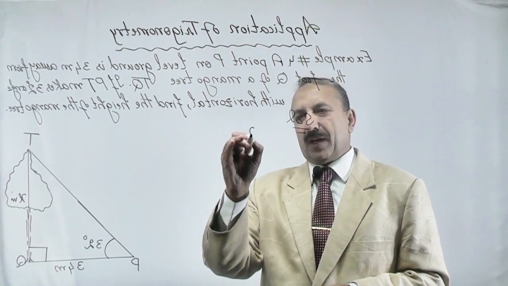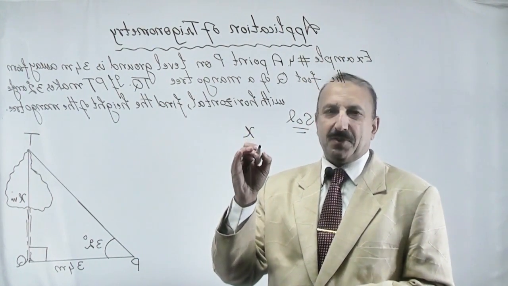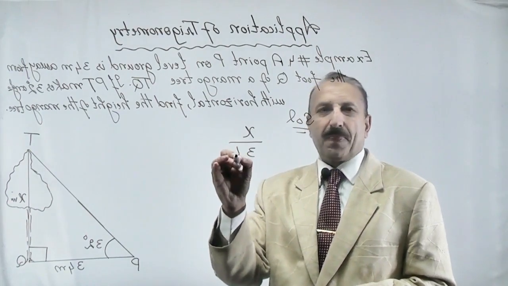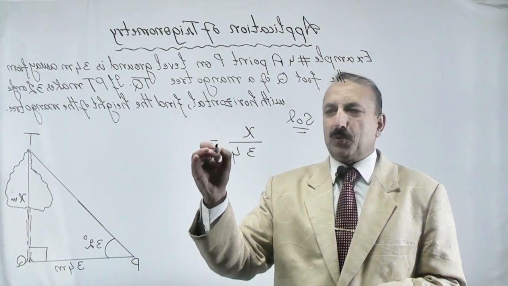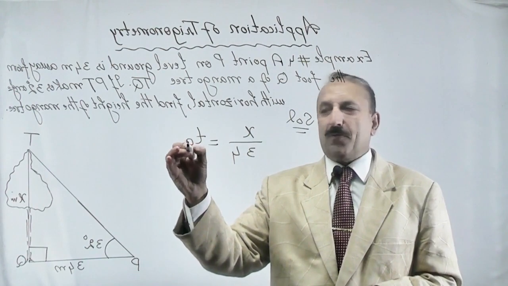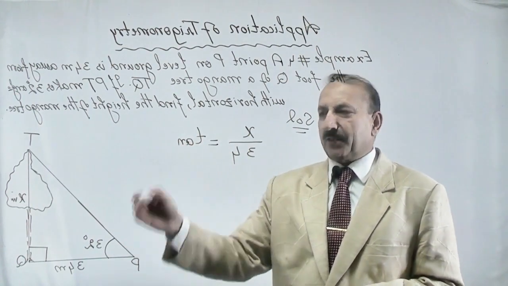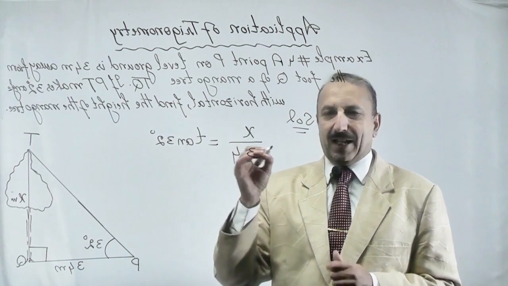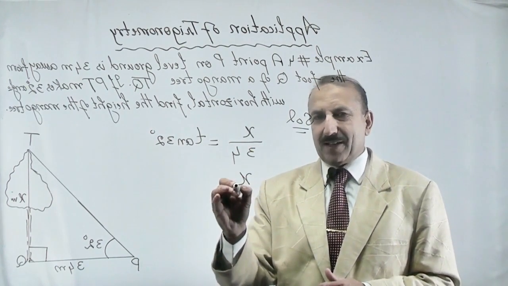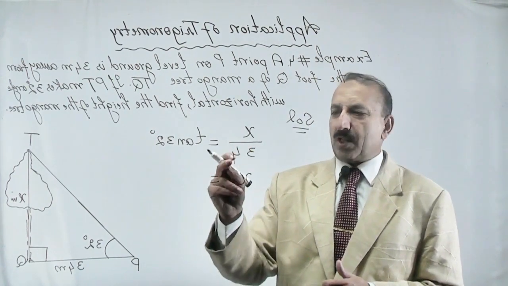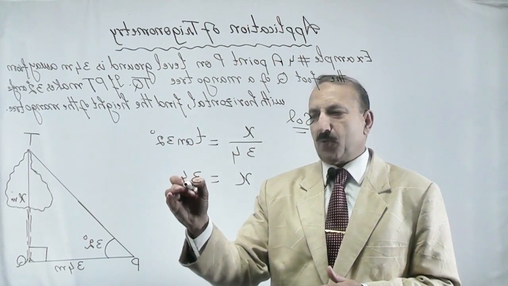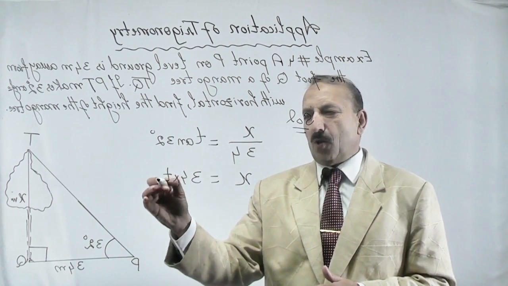Now if I consider the height x meters, then x opposite over adjacent 34 will be equal to tangent of this angle 32. And then to find x, we cross multiply to the other side. This will be 34 into tangent of 32.